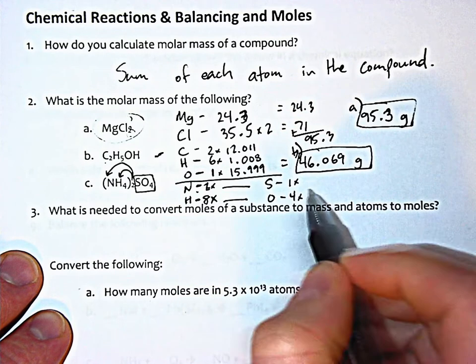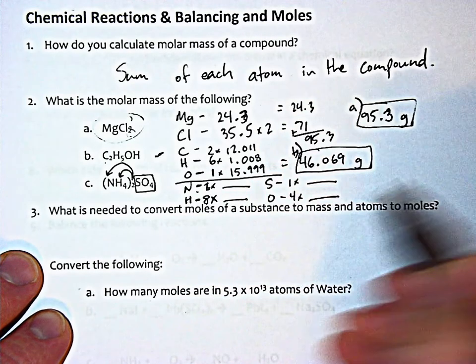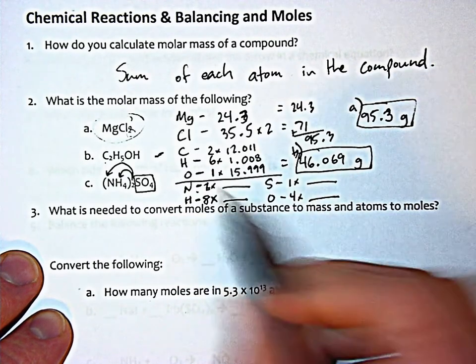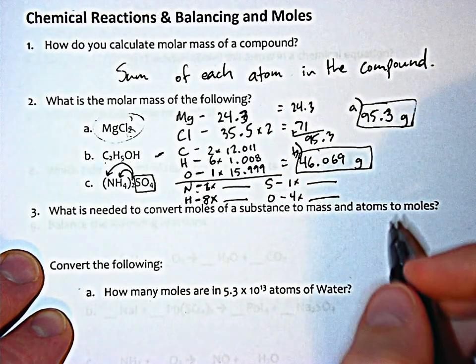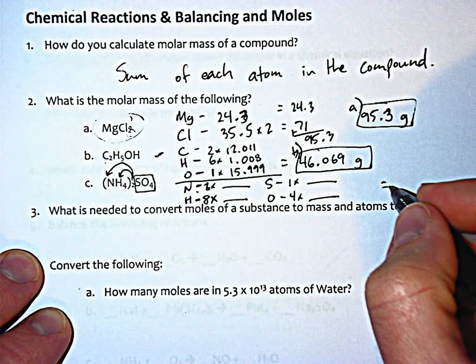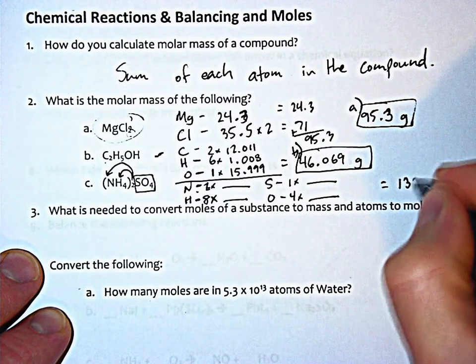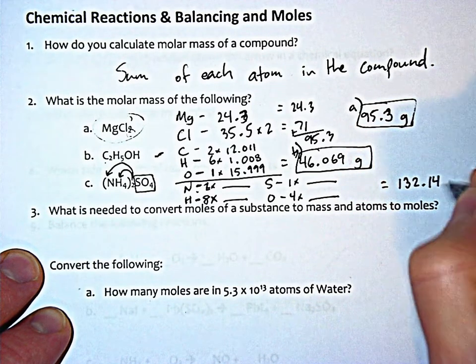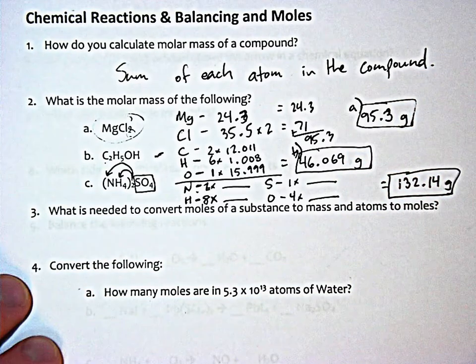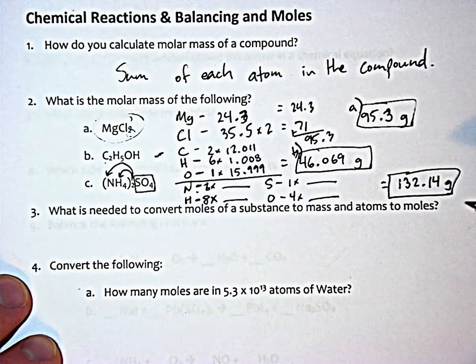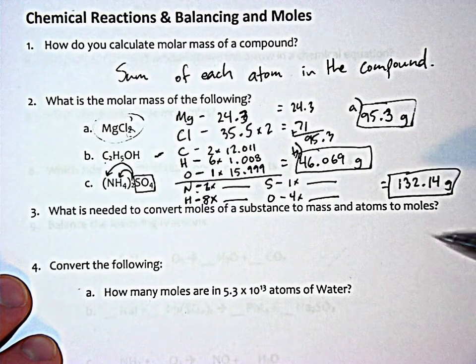You just need to find the mass of all of these substances on the periodic table, multiply them by how many you have, then add them all together. When I add them all together, I've got 132.14 grams. So that's how I'd find the molar mass of each of those compounds.